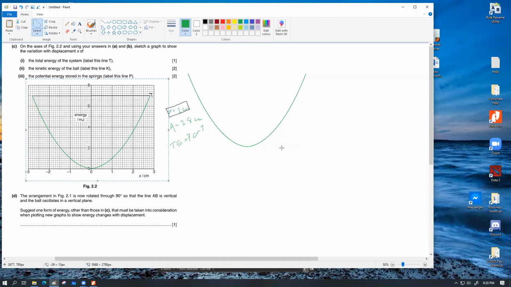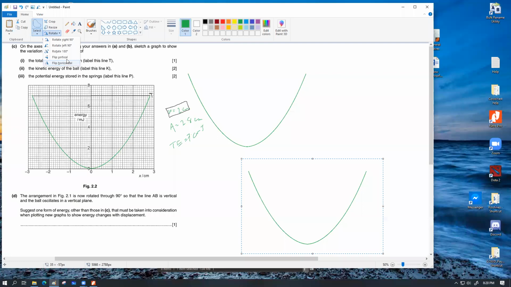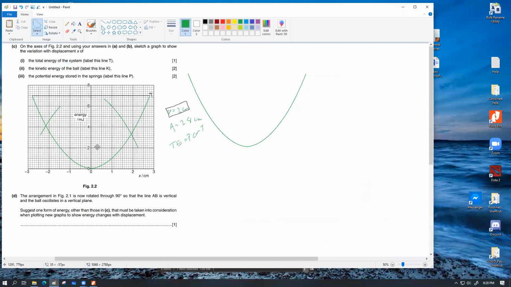Beautiful. So this is supposed to be my which graph? This is supposed to be my potential energy graph. So you label this with the appropriate number, and then to draw the kinetic energy, you just have to vertically flip it. So I'm taking this over here, rotate, flip vertical, and place it up over here.